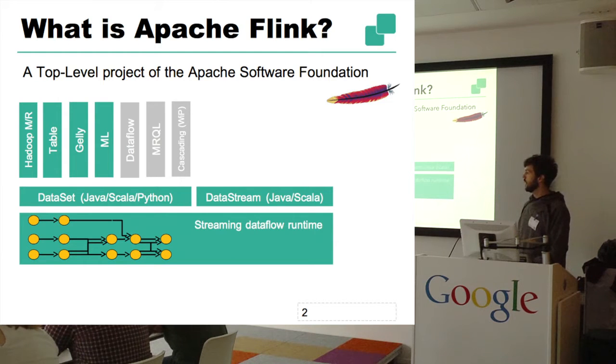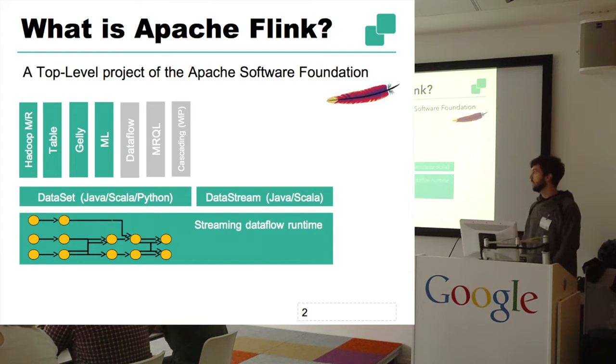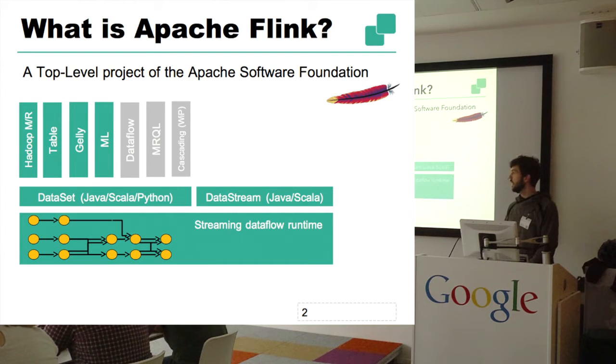And it's very nice because it integrates very nicely with the other APIs and the underlying layers, as you will see later on. And we also have a graph processing library called Gelly, which lets you transform and traverse graphs in a distributed fashion. And a machine learning library, which is very much growing at the moment.